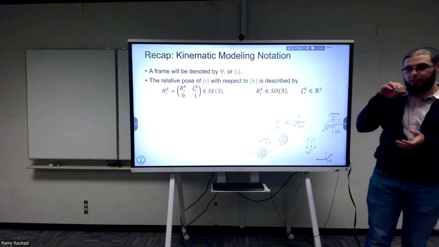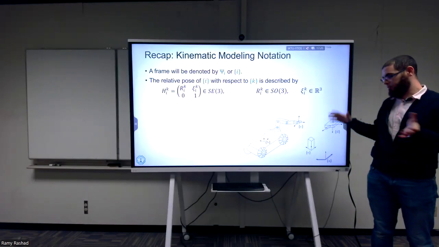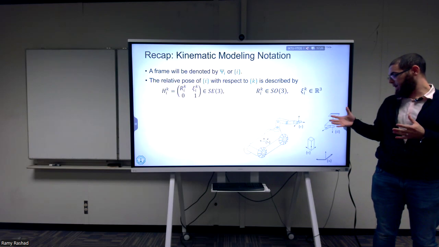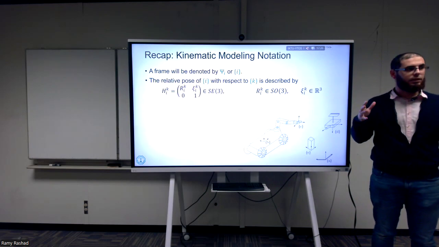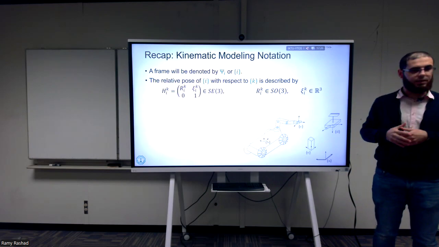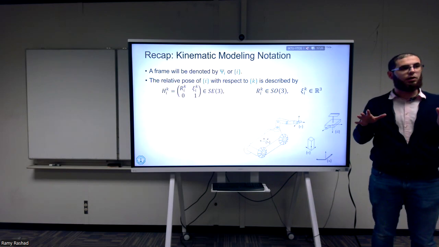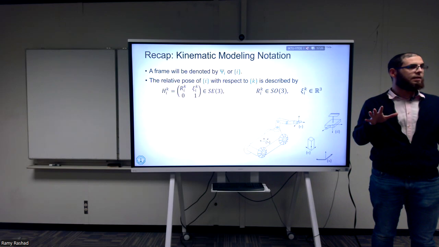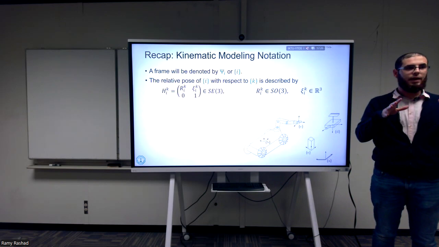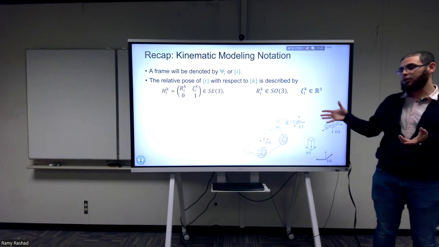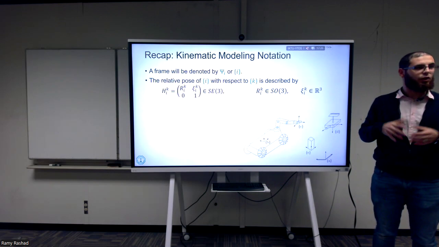So when we have a setting like this, a bunch of robots in a scenario where we have some motion capture system and some object we're interested to hold, the first thing we do is transform this set of abstract objects into numbers by choosing frames. We attach frames to everything that's moving.